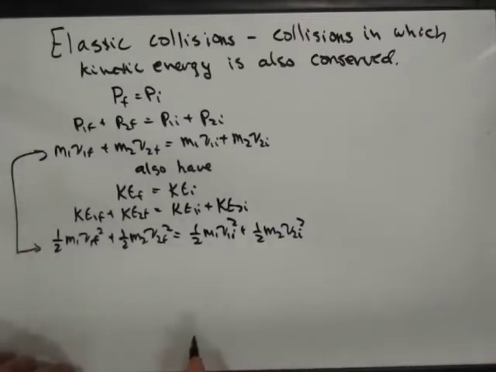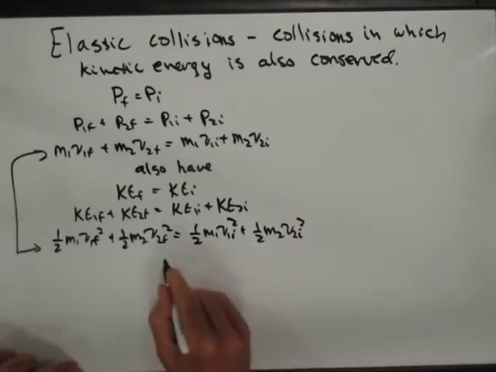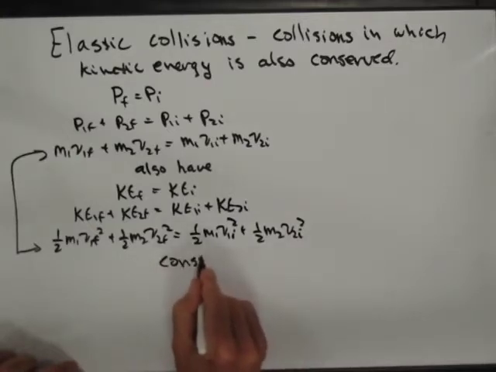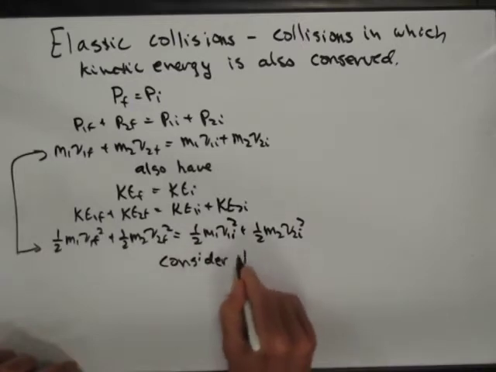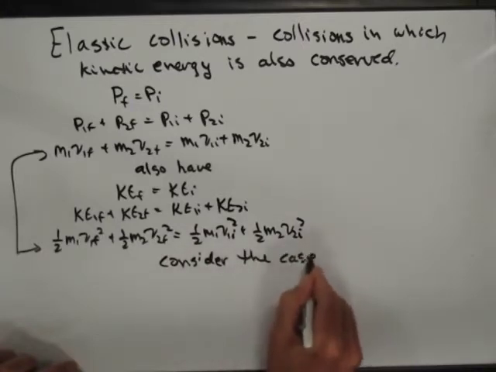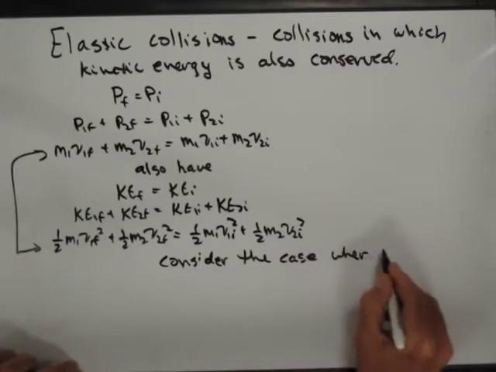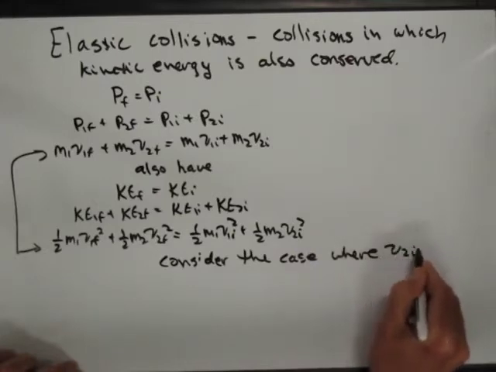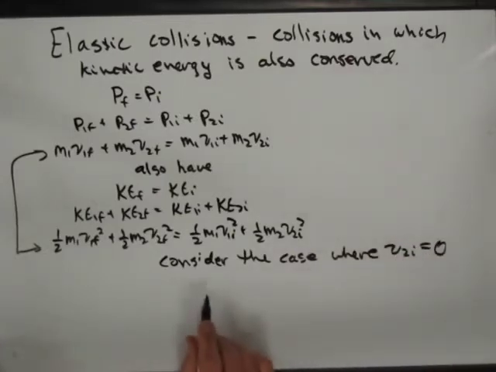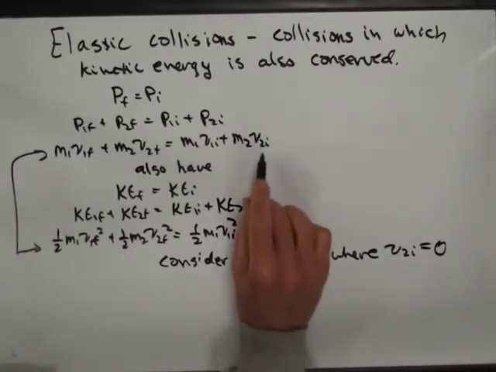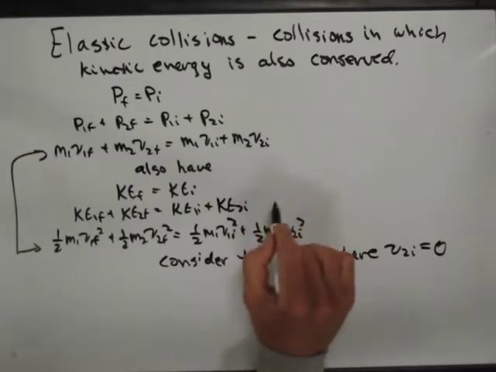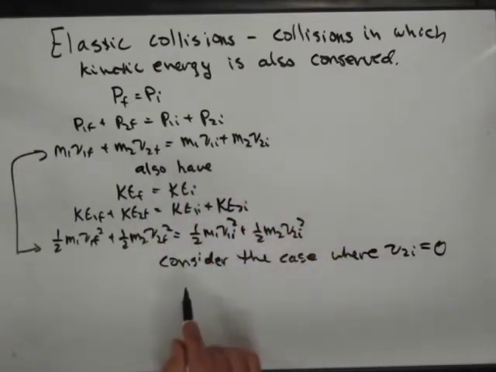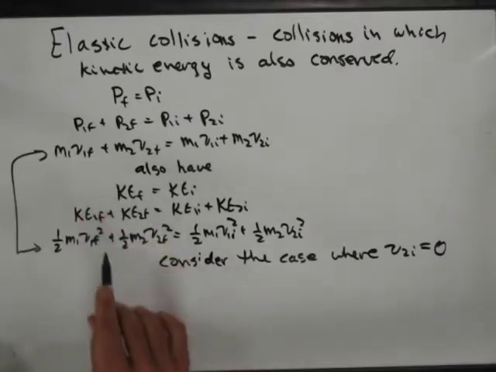And so I'll look at just a special case. If we look at the case where V2 initial equals 0, in other words, one of the objects starts out at rest, you can simplify these two equations a little bit and come up with some final equations.